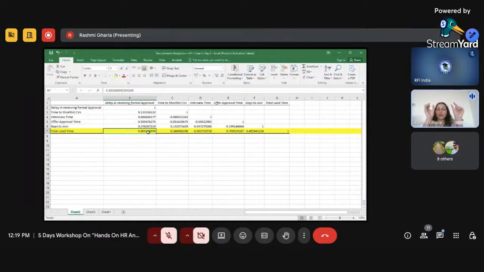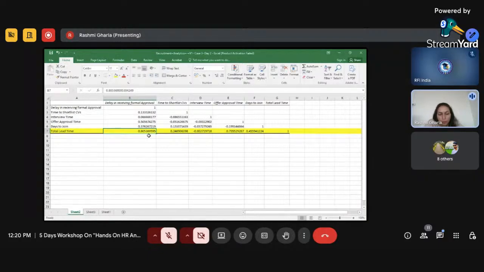All of you know that the correlation value lies between -1 to +1, right? +1 shows strong, -1 very weak, right? So our value lies between -1 to +1. Here the hypothesis is: there is no significant impact of delay in receiving formal approval on total lead time.